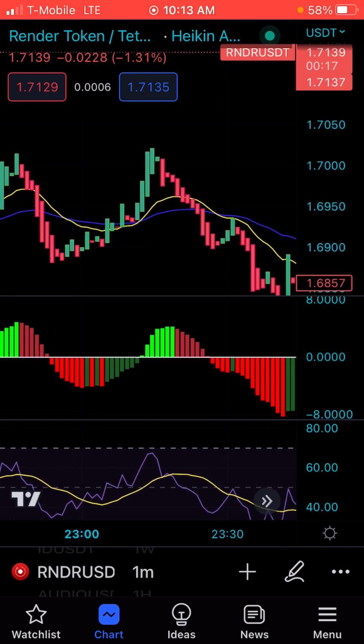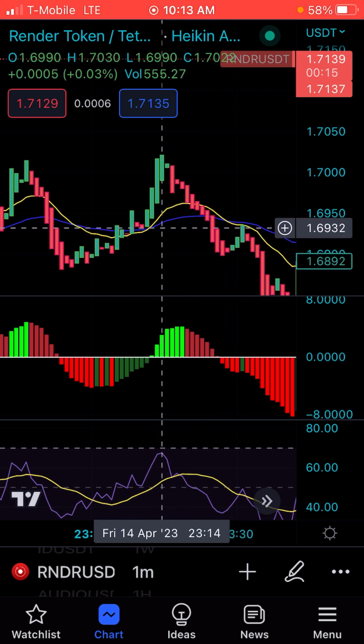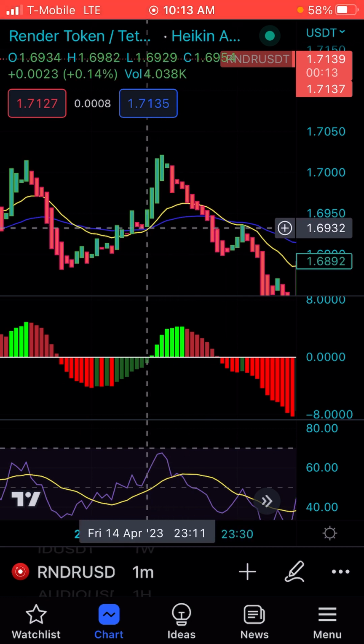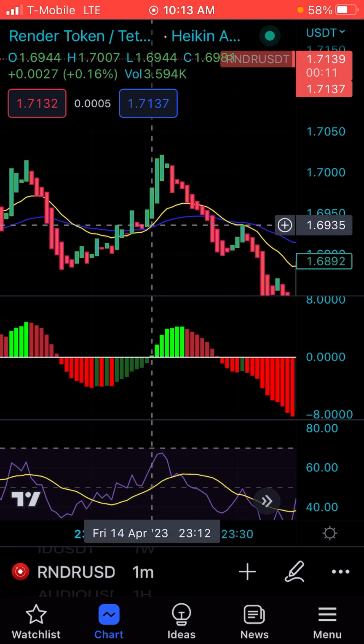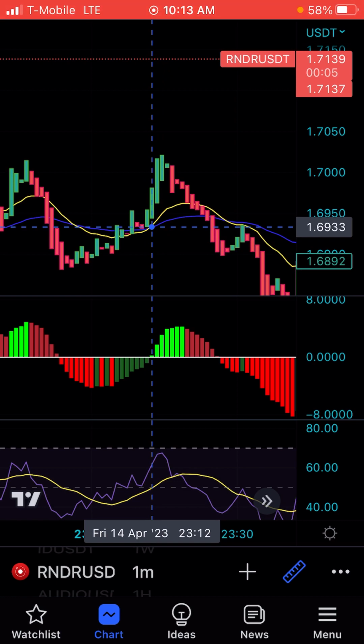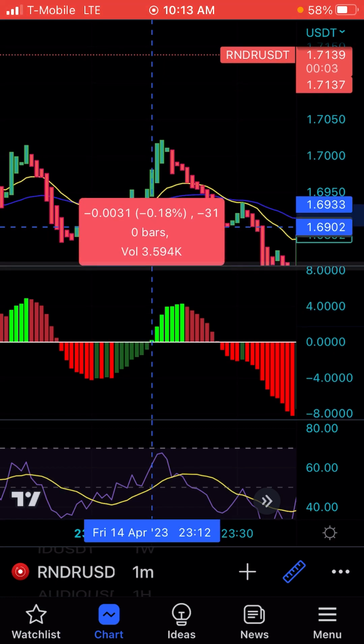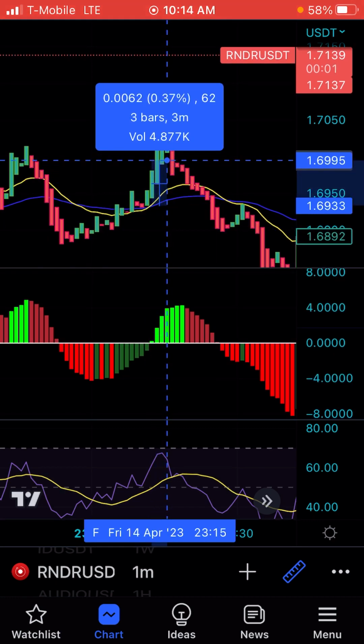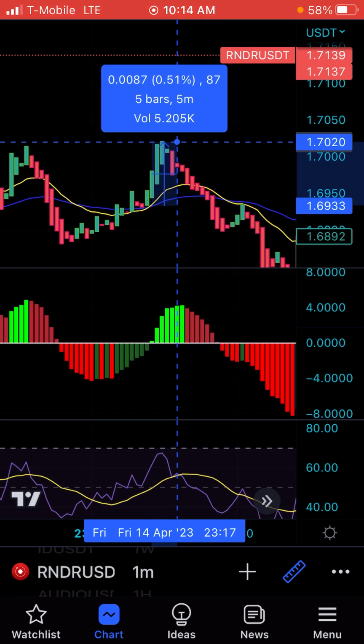So if we came in here where it does cross on the 20/55, we could ride it out until the green turns into a red, and we'd be in profit.